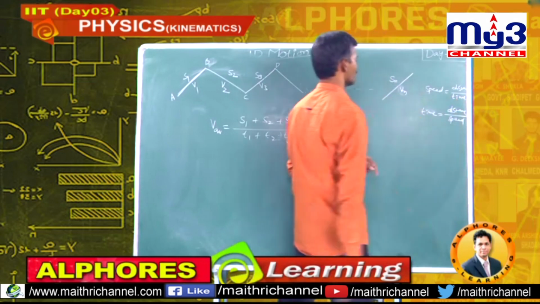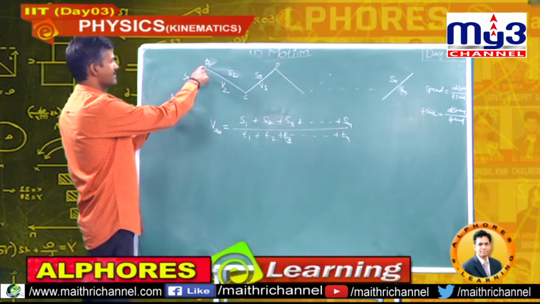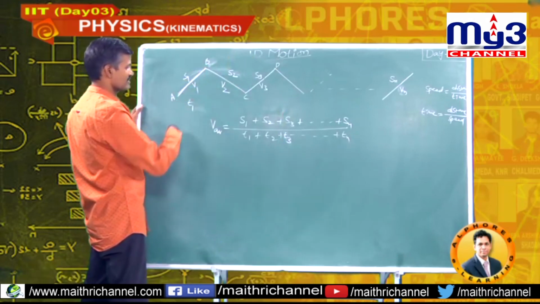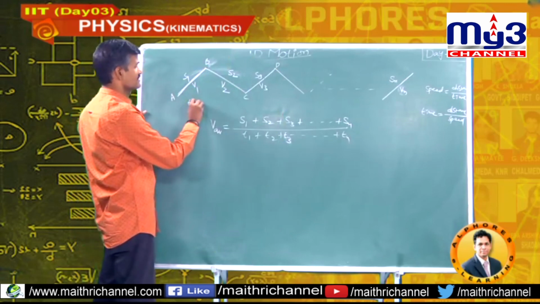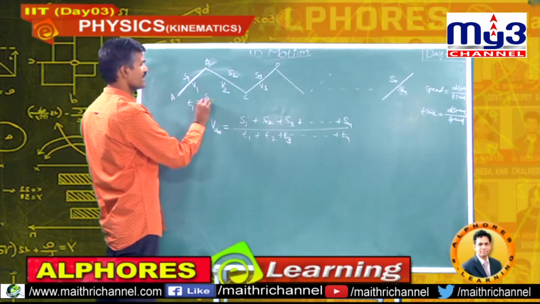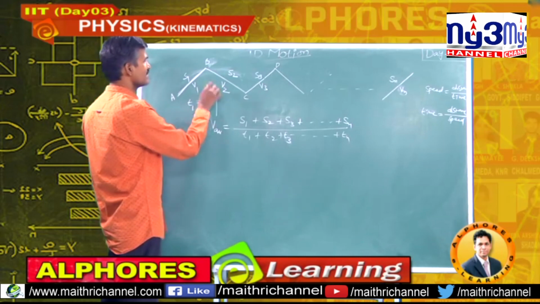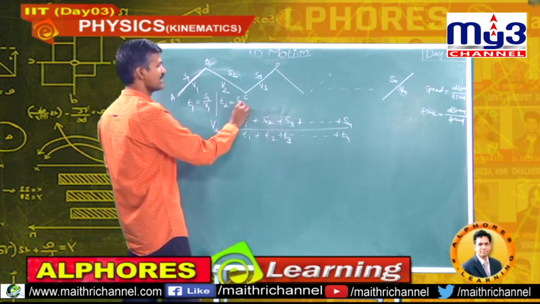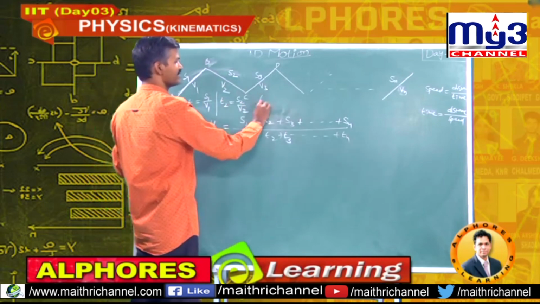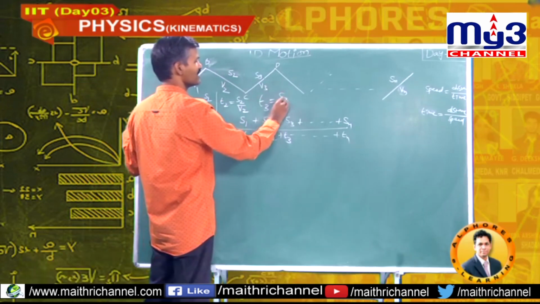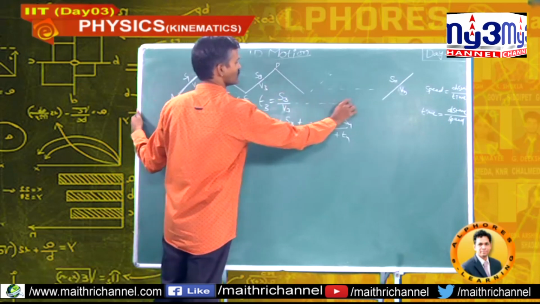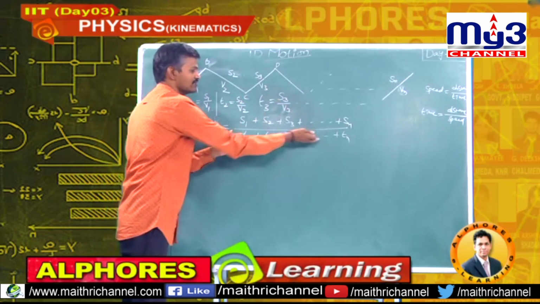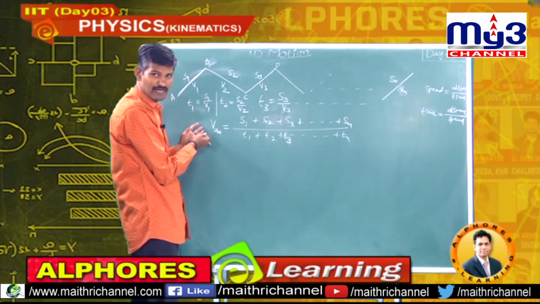Here it travels a distance S1 with speed V1, so the time taken T1 is S1 by V1. Similarly, T2 is S2 by V2, T3 is S3 by V3, and so on. On substituting these values in the equation, we can get the average speed.